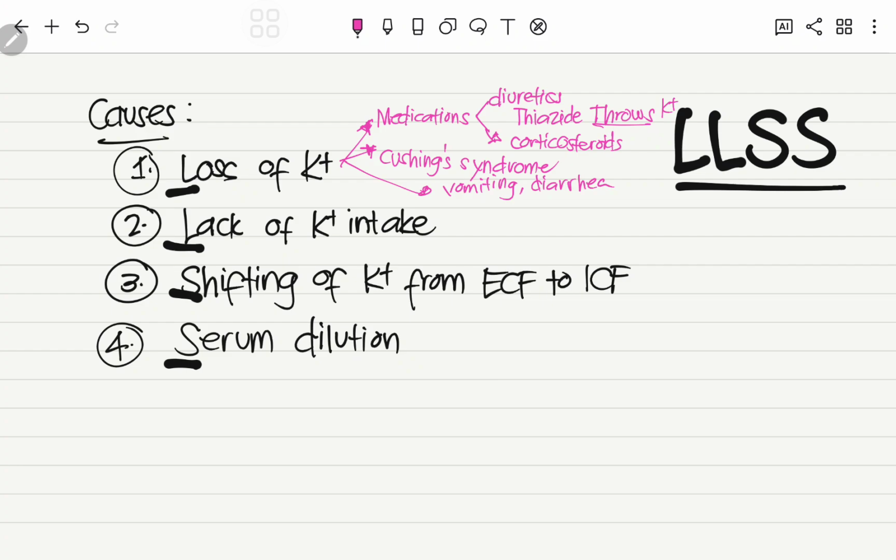It can also cause your body loss of potassium. Basically those are the most important nursing considerations and the causes of your potassium loss. So now let's discuss, when do we say that there's a lack of potassium intake that may also lead to hypokalemia.